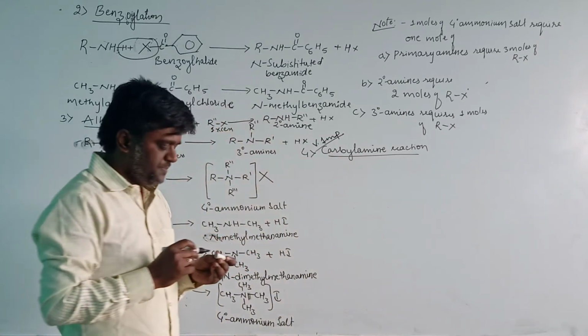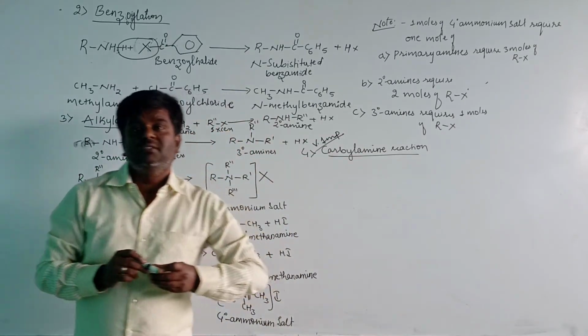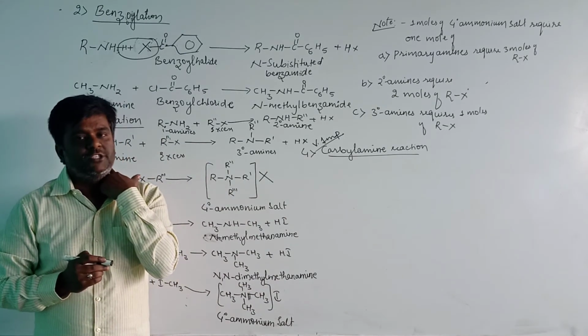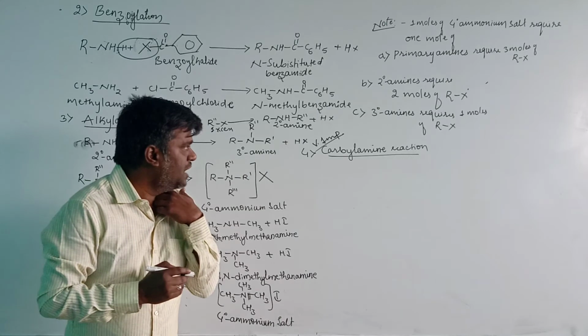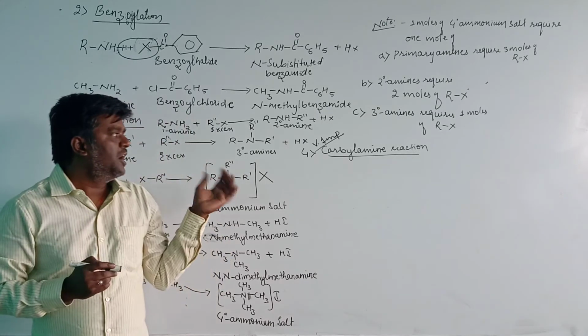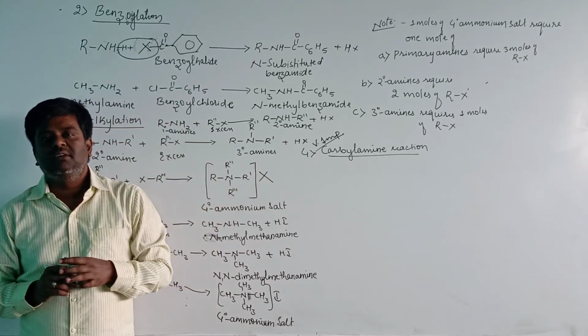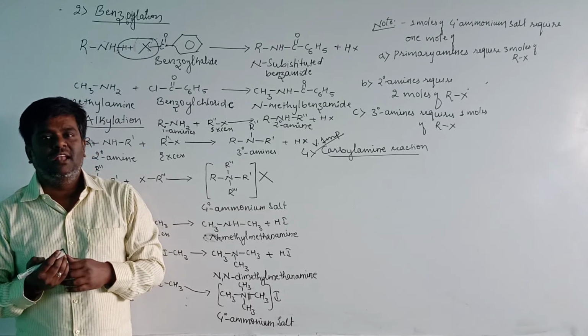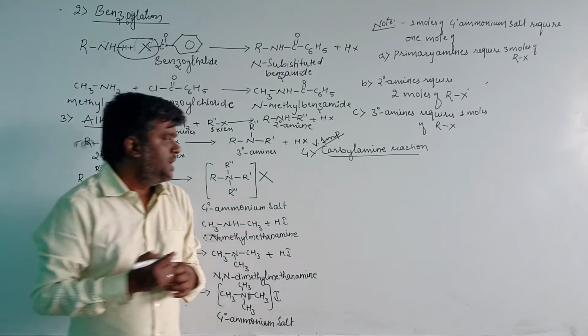Carbylamines are also known as isocyanides. The preparation of carbylamine is known as the carbylamine reaction. In the carbylamine reaction, we prepare the carbylamine or isocyanide with the help of an amine. Let us see how.